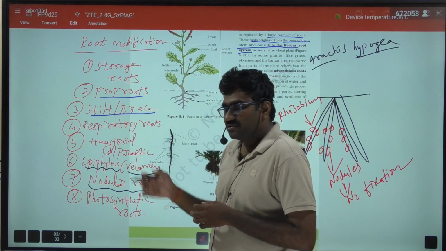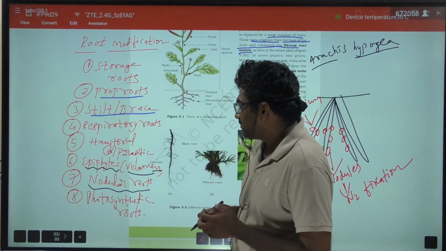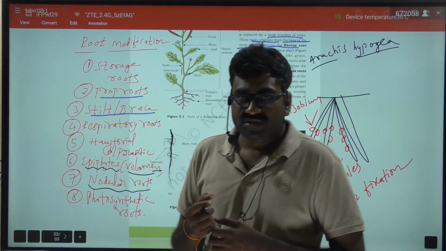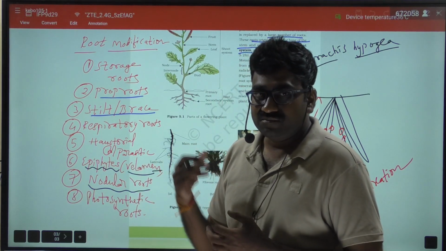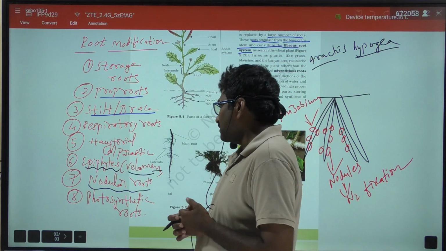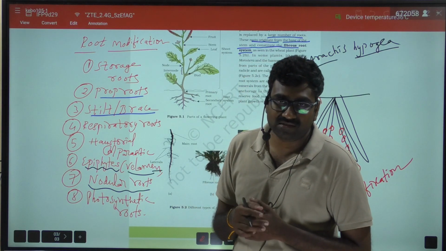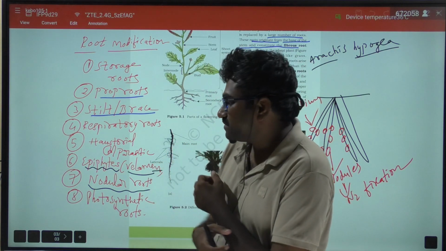Respiratory roots are involved in breathing. Parasitic roots get food from other plants. Epiphytic or velamen roots belong to plants which grow on other plants and absorb moisture from the atmosphere.